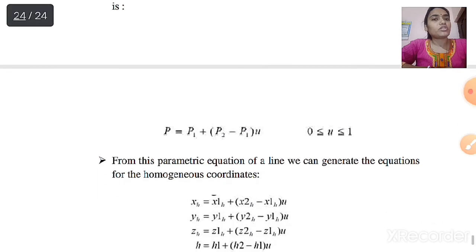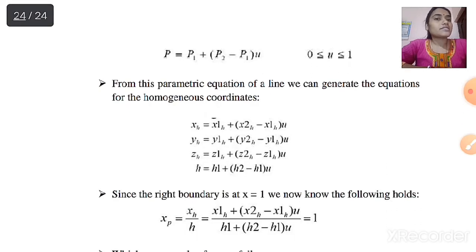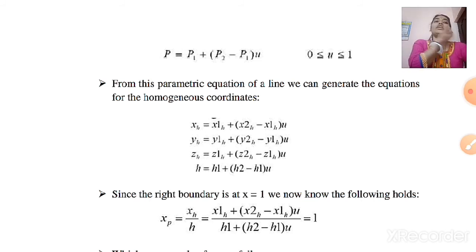All of you remember these equations. From this we can generate the homogeneous coordinate equations: xh equals x1h plus (x2h minus x1h)u, yh equals y1h plus (y2h minus y1h)u, zh equals z1h plus (z2h minus z1h)u, and h equals h1 plus (h2 minus h1)u.